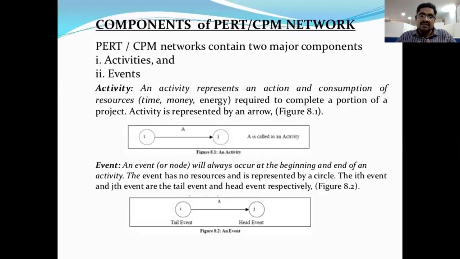Up to now we discussed the components of PERT diagram and CPM: activity and event. Activity indicates this arrow mark, and event indicates this circle, the nodal points. An event will appear at the beginning of the activity and the ending of the activity.